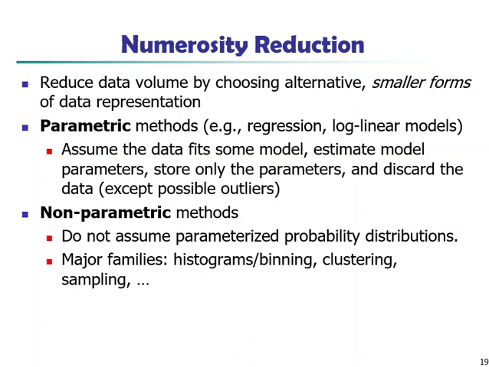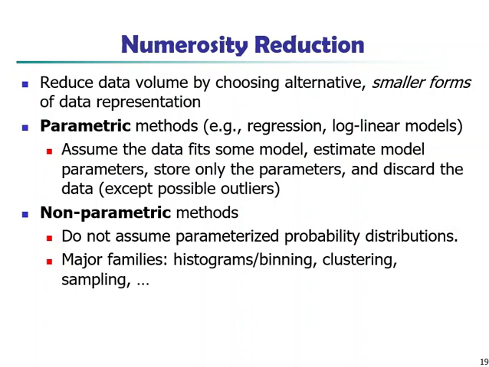One is parametric method, which basically means that if we can fit data into a model, then we just need to store this model, store the parameters and the outliers, and we don't need to actually store the data because all the data can be derived by using this model.